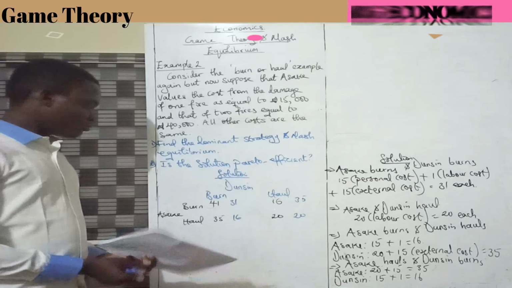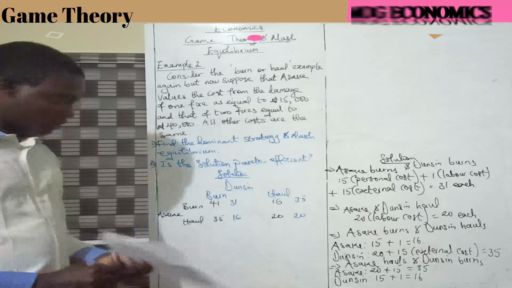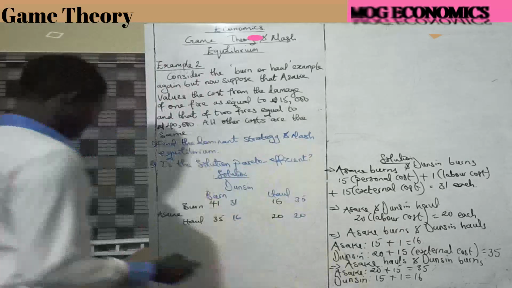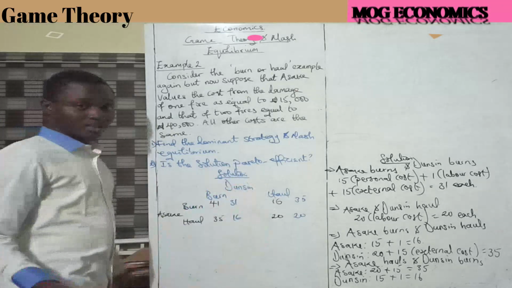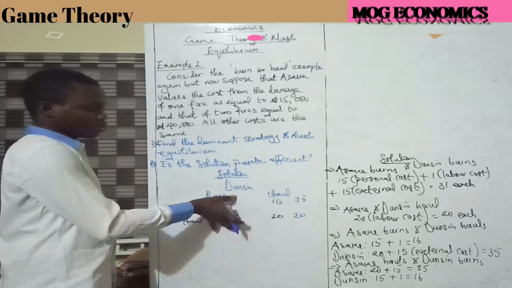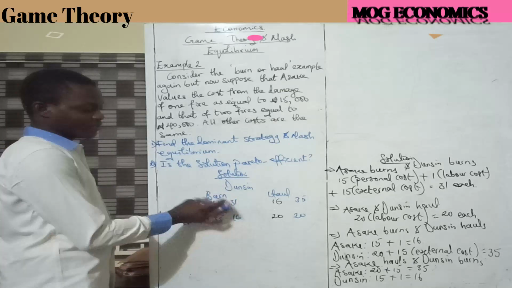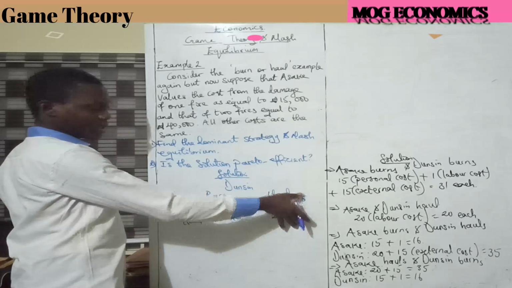So, what is the dominant strategy for Dunsin? It's not a must that I write it out like I was doing the other time. We know that these two are the payoffs for Dunsin if it's burning, and these two are the payoffs for Dunsin if it's hauling.